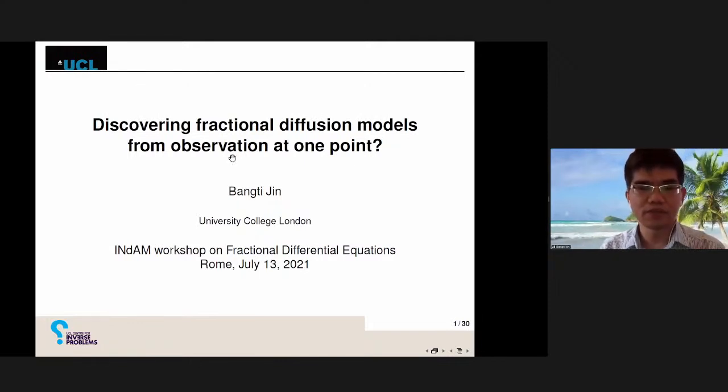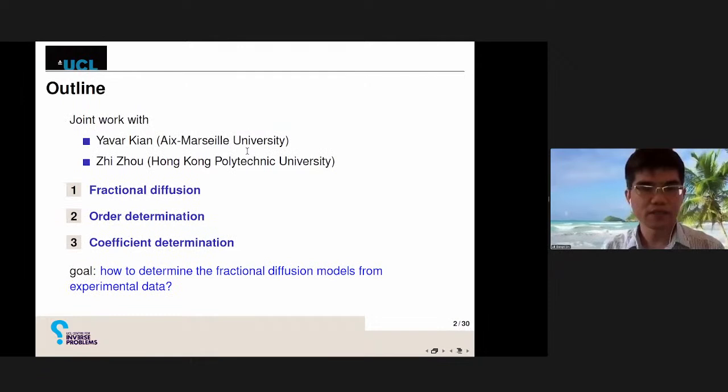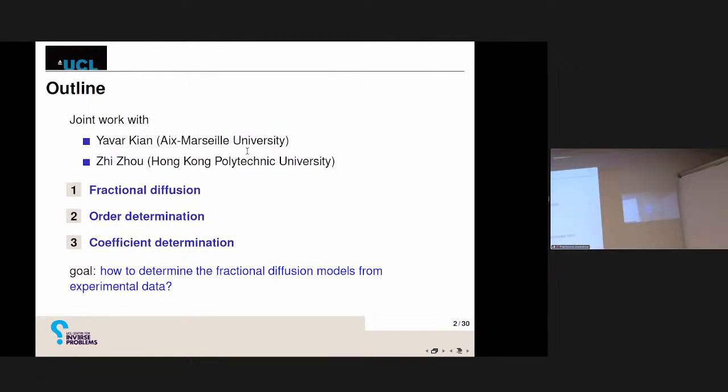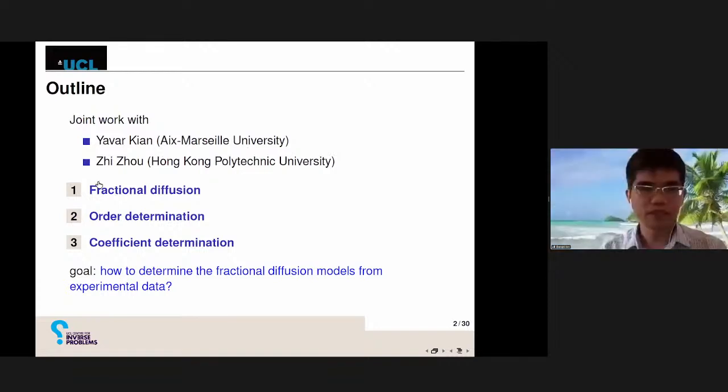So today I will talk about fractional diffusion models, trying to infer models from one point observation. This talk is based on joint work with Yava Qian and Zizhou. My talk will be divided into three parts. First, I will briefly recap the model and the motivation. Then I will discuss two problems in some detail.